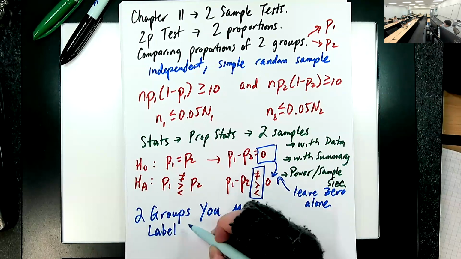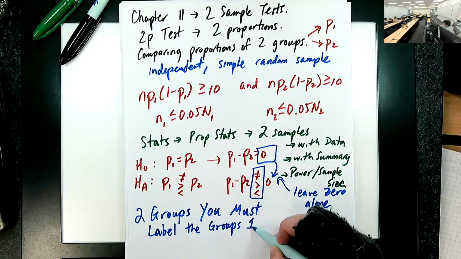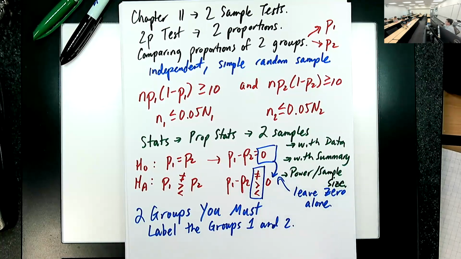Two groups, you must label the groups 1 and 2. You got to identify them, and depending on how the question's worded, one thing makes sense more than another.